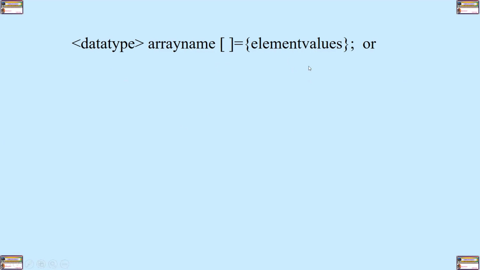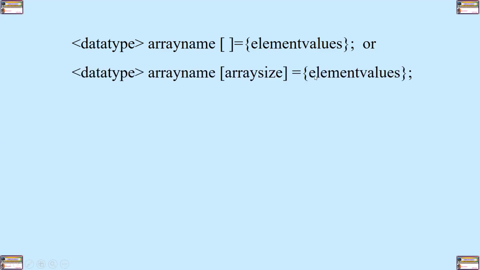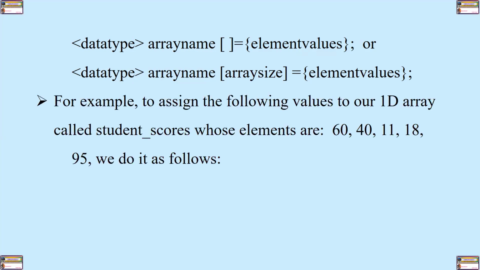But if you are going to only assign a few elements at declaration time into the array and leave others blank, then it's good that you tell the compiler the size of the array so that it can know you have given me 3, but this is a 5, it's supposed to have 5 elements. So it is going to be waiting for the other 2. If you don't give them, it will assign each of them as 0.